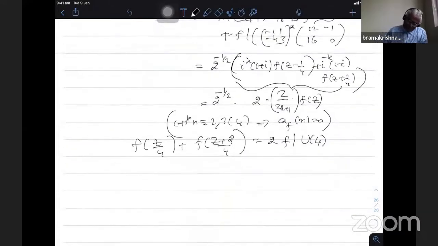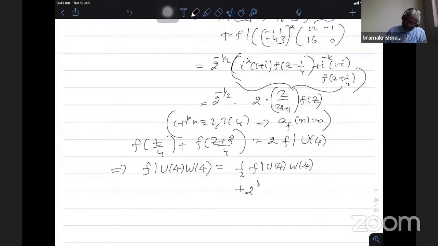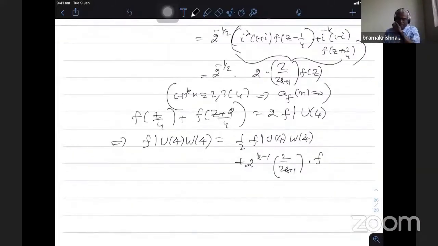This implies f bar u4 w4 is half f bar u4 w4 plus 2 power k minus 1 into 2 by 2k plus 1 times f. So I can just rearrange this. Therefore, f is an eigenfunction. This implies f bar u4 w4 is alpha 1 f.